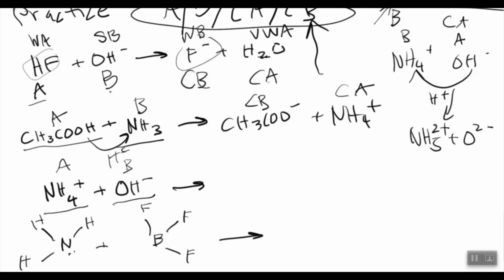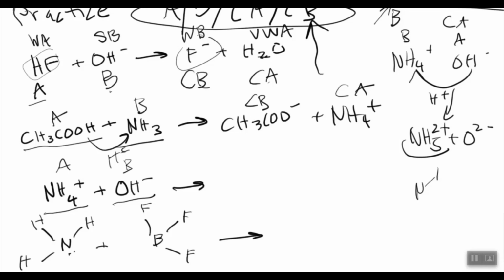Now that doesn't seem right. I've never seen this before. And to tell you the truth, it probably doesn't exist, because an N with 5 H's attached would exceed its octet, and that's not good. So we can see that OH- will not be the acid in this reaction. It'll actually just be the base of this reaction.